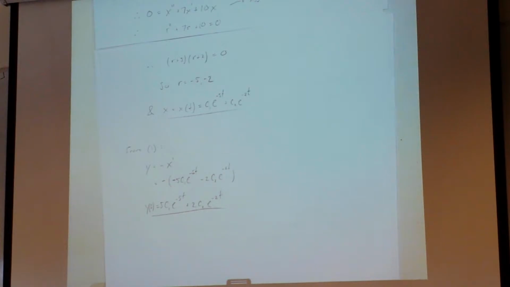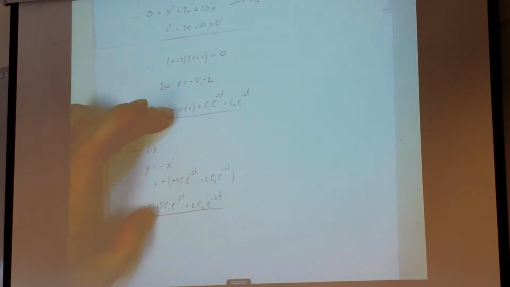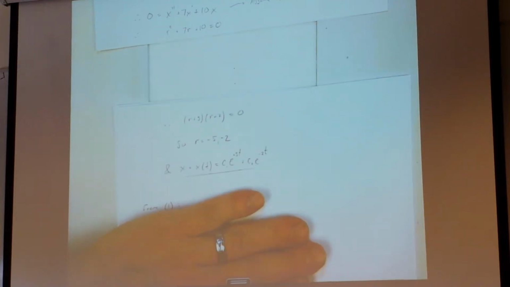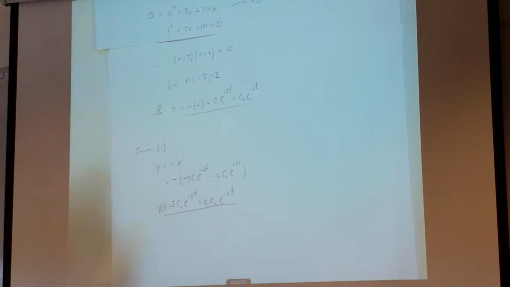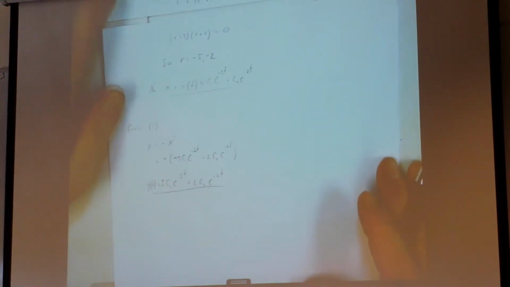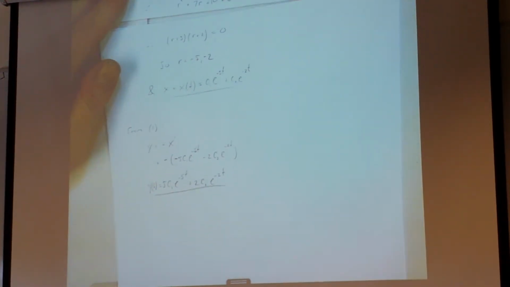Now what? We have two functions, and here's the thing: if I wanted to find both C1 and C2, if it was just a single differential equation, I would need 2 initial conditions on it to find those, wouldn't I? Same thing with that. But taken together, I have 2 initial conditions, and that should be enough to take care of it.